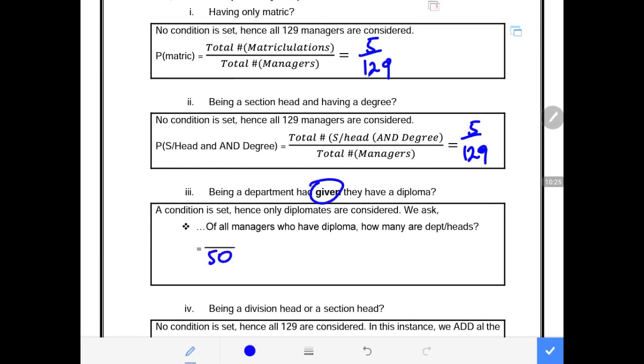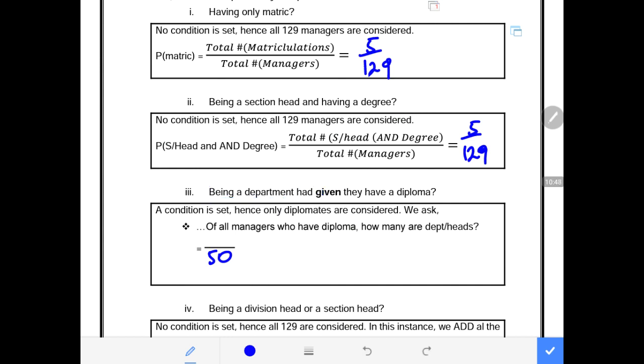Sometimes the question can start with the word given. It's not always at the end of the sentence. So the question said being a departmental head.